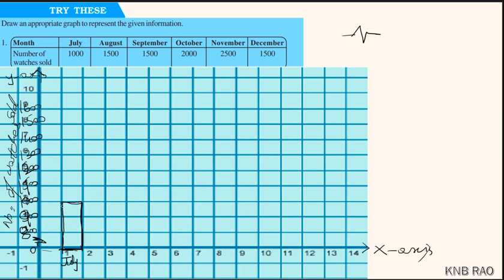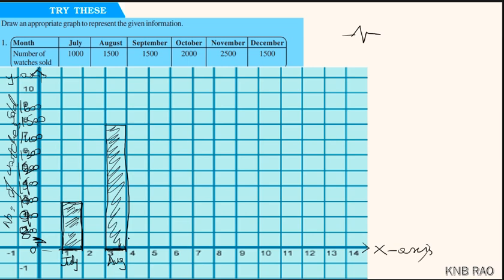Third cell I am leaving as a gap, and the fourth cell I am taking as the number of watches sold in the month of August, where it is 1500. So I will rise up to 1500, the bar, and these are the number of watches sold in the month of August.